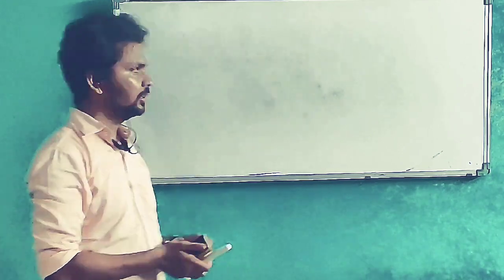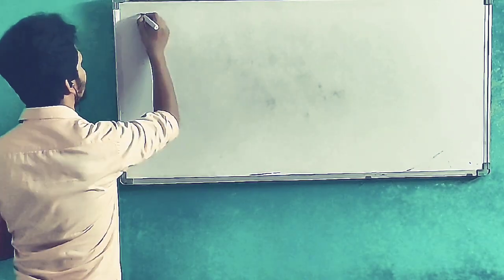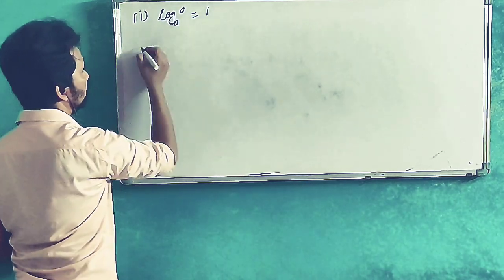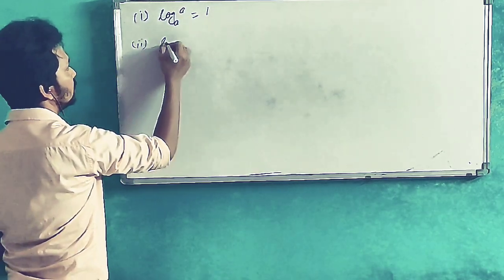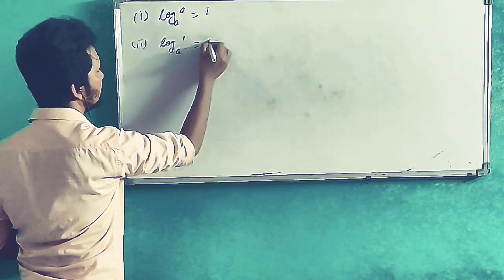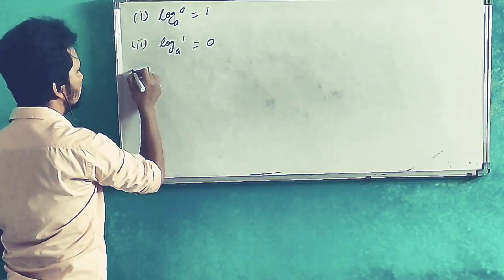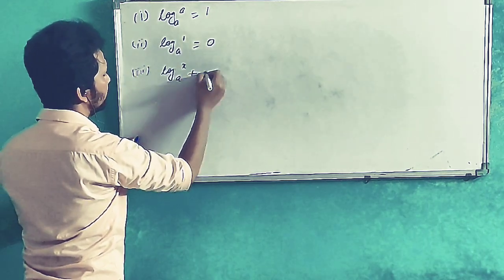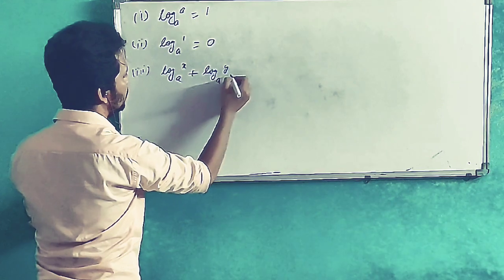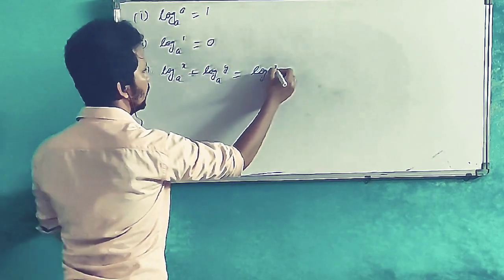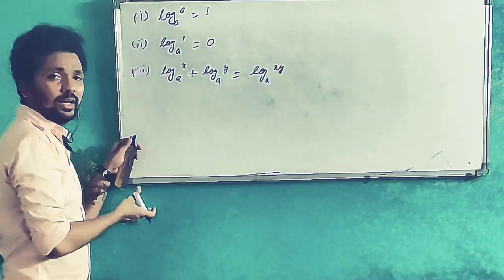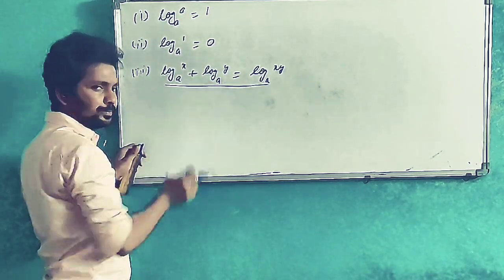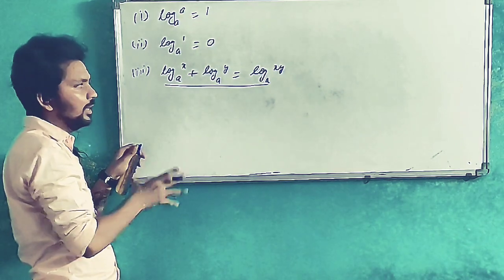discussed here. See, the first property was log a base a is equal to 1. The second property was log 1 base a is equal to 0. Third, log x base a plus log y base a is equal to log x into y base a. See here, in this property we have 2 terms only, but this is also applicable to many terms.